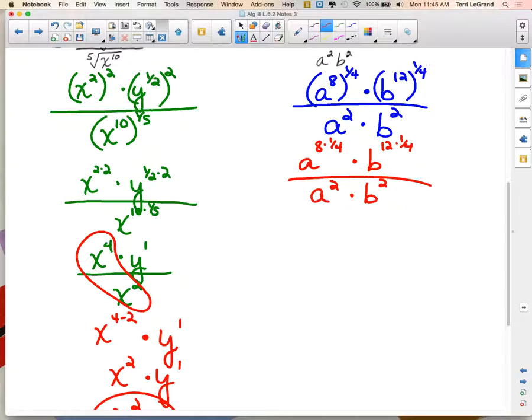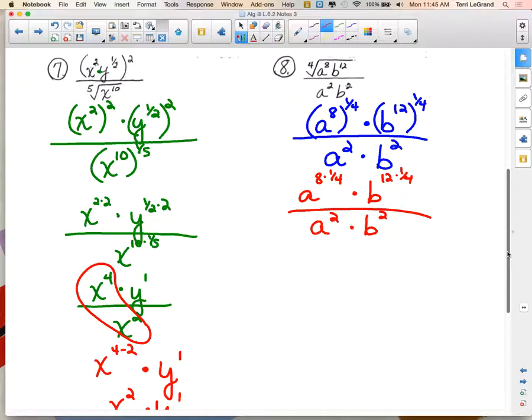Clara? Why would we put 1 over the 4, like we didn't do that for number 7 when there was a 2? Number 7, when there was a 2, we didn't put a power of 2 on the outside parentheses.